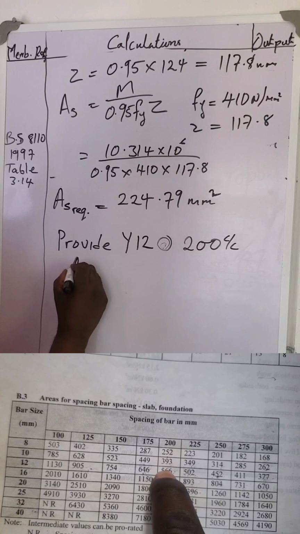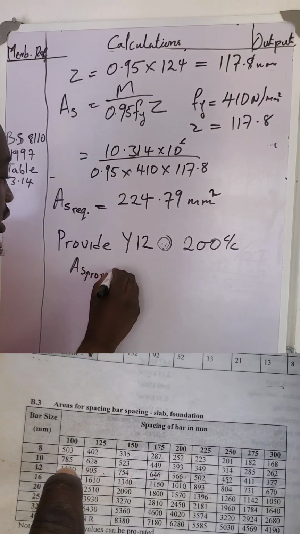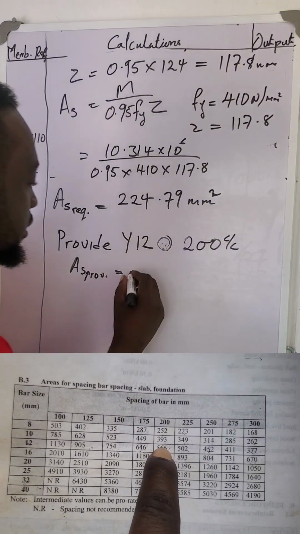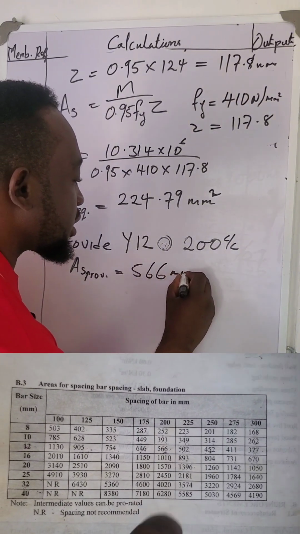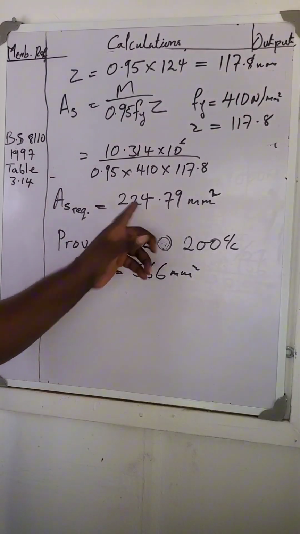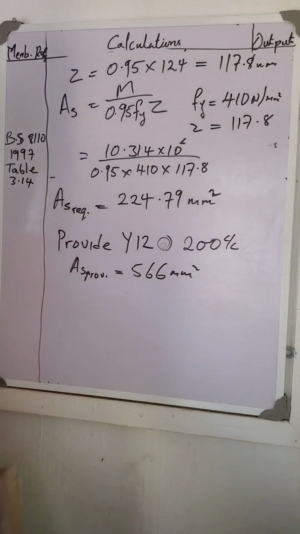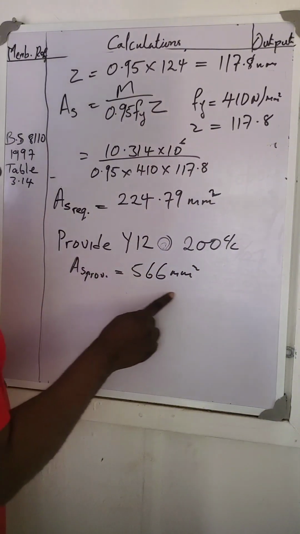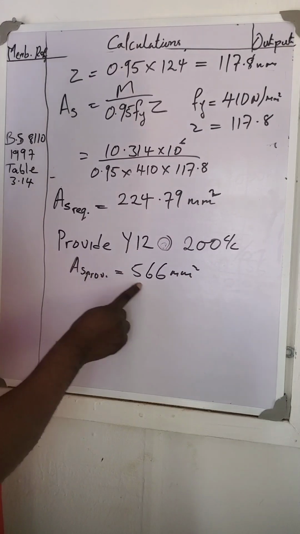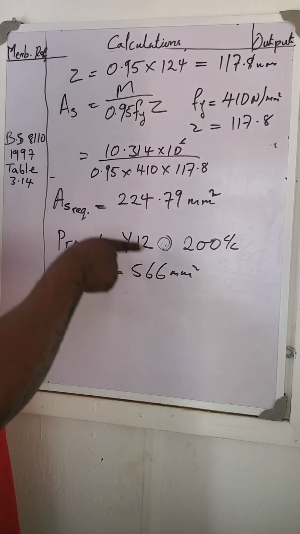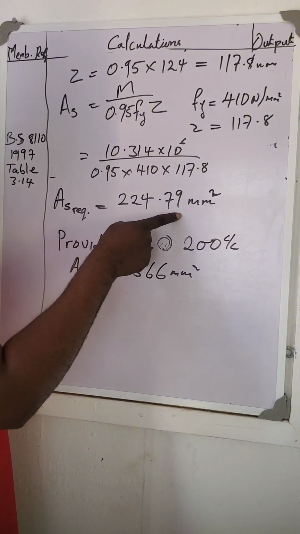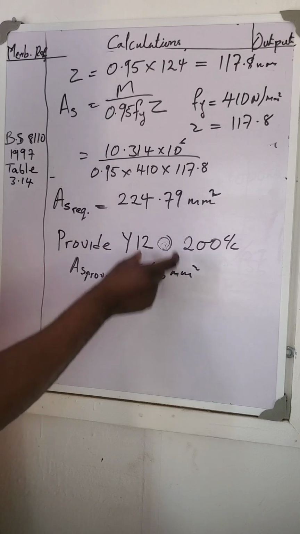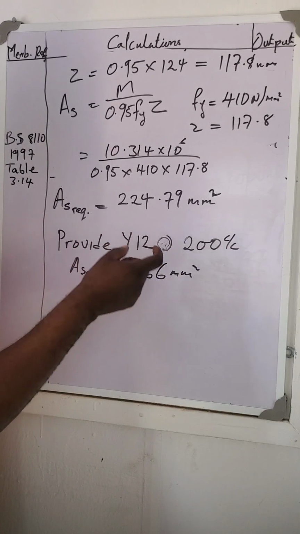As provided equals 566 millimeter square. This is greater than this. The most important thing now is that the area of the steel provided is greater than the area of the steel required after analyzing your structure. So since this one is greater than this, it's very okay.